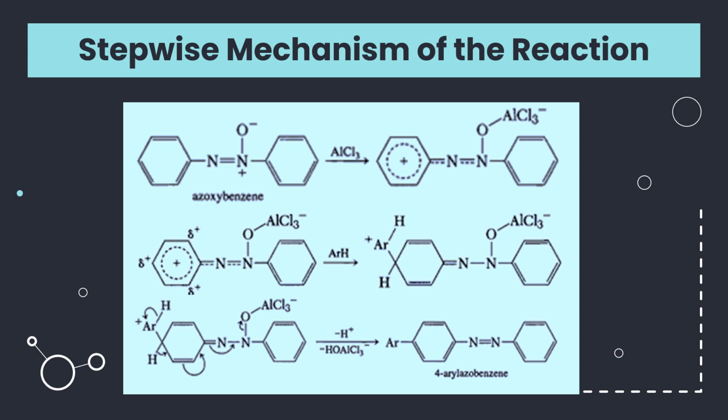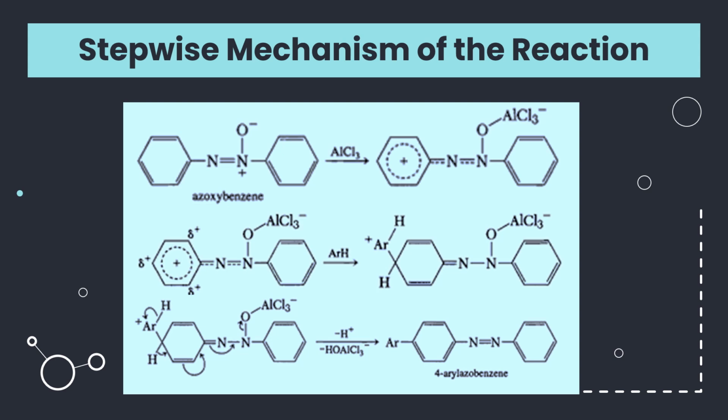And then in the second step, the activated aromatic ring undergoes electrophilic attack by the electrophile generated from the aluminum chloride complex. And a sigma complex, which is the arenium ion, is formed where the aromaticity of the ring is temporarily lost.